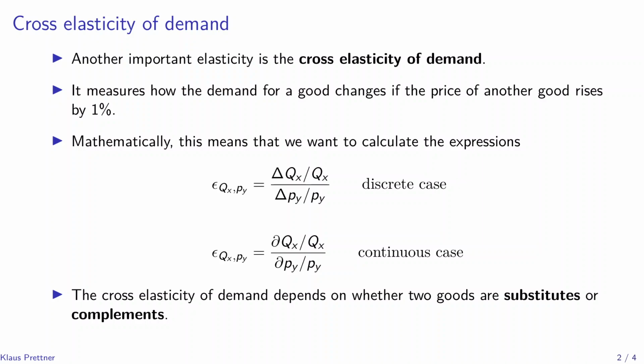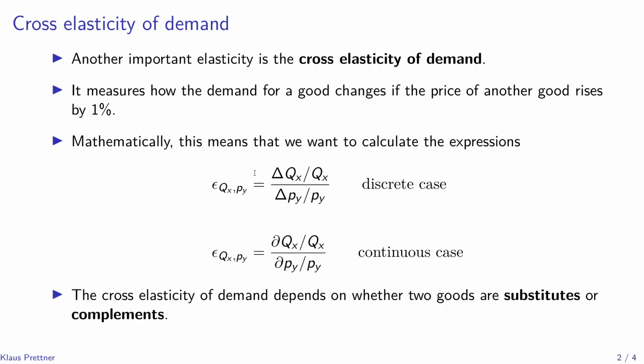So what happens to the quantity of good x if the price of good y changes, and that is then the percentage change in the quantity of good x divided by the percentage change in the price of good y in the discrete case, and in the continuous case again we have the derivative instead of the discrete change denoted by delta.